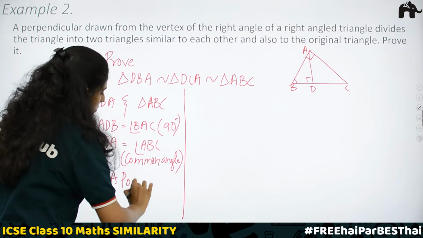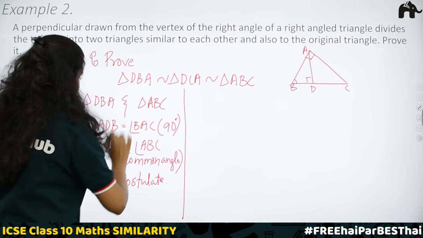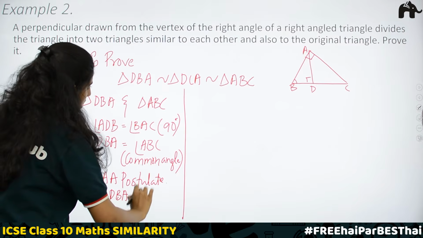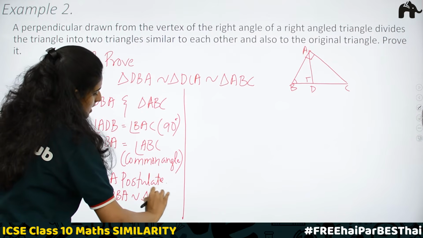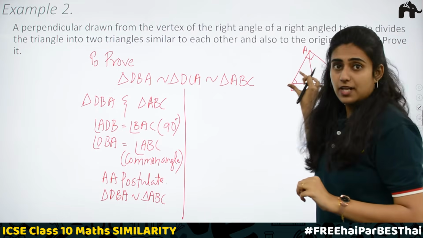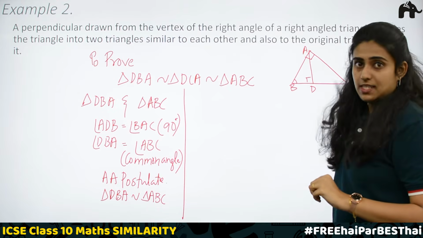Using this AA postulate, we have proved that triangle DBA is similar to triangle ABC. That is, the small portion of the triangle is similar to the bigger triangle ABC.